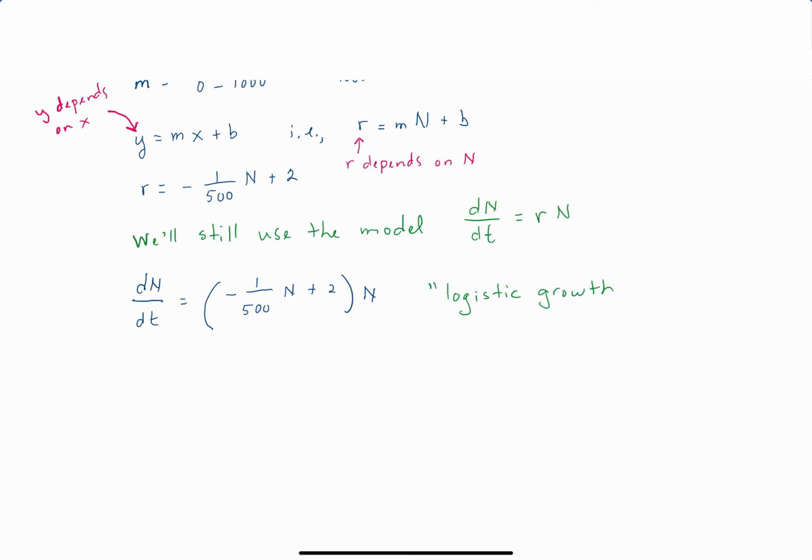We don't know how to solve this type of differential equation yet, but I'll just let you know basically what a solution curve would look like. It starts out looking a lot like an exponential growth curve, but then it levels off.